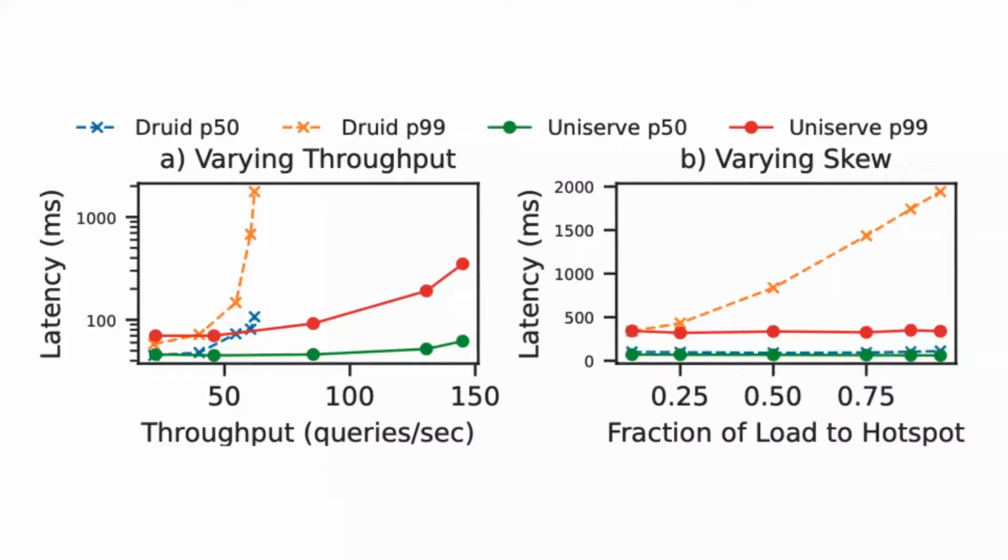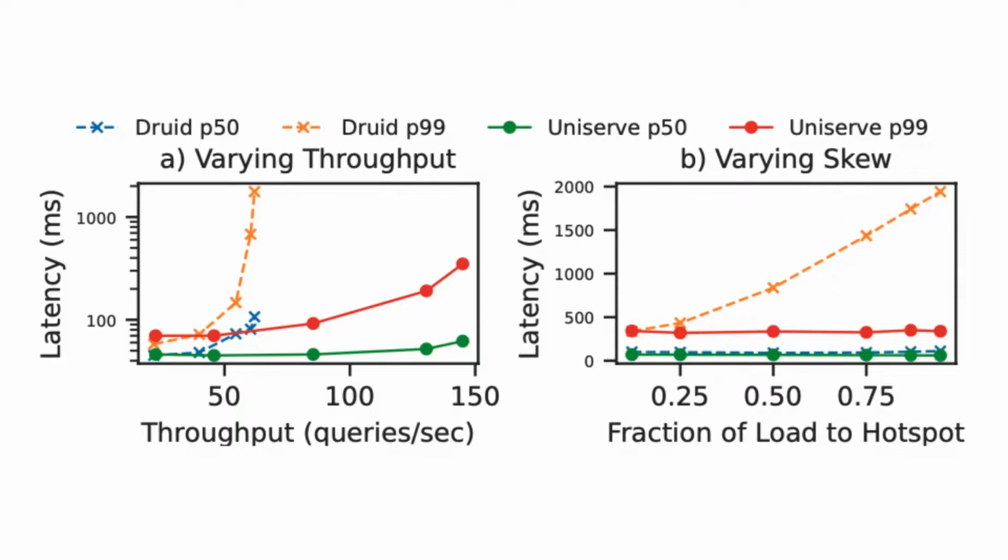Now, this benchmark demonstrates the load balancing feature, and here Uniserve is compared against Druid, because Druid has a load balancer as well. So Druid's load balancer ensures that each server hosts the same amount of data, but does not balance query load. So the first workload, which is the left figure, varies the queries sent to a single slice of data. So 7 out of 8 queries are sent to one single slice of data.